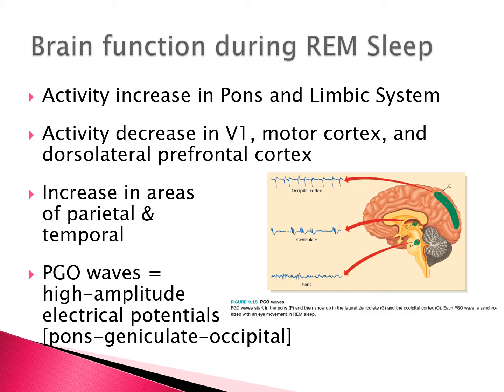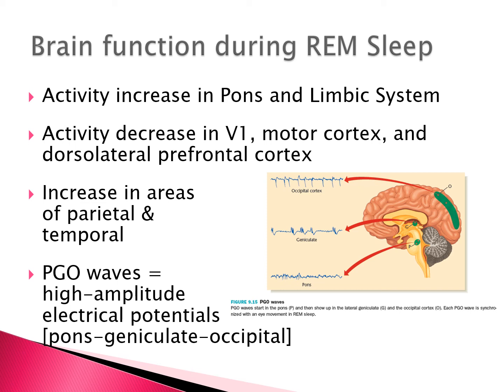So in the visual cortex, we see a decrease of activity, in the motor cortex, and in the dorsolateral prefrontal cortex. We've talked about this area before as the area that is inhibiting unwanted responses. Another area we see increase in, or areas, are parts of the parietal and the temporal lobes.